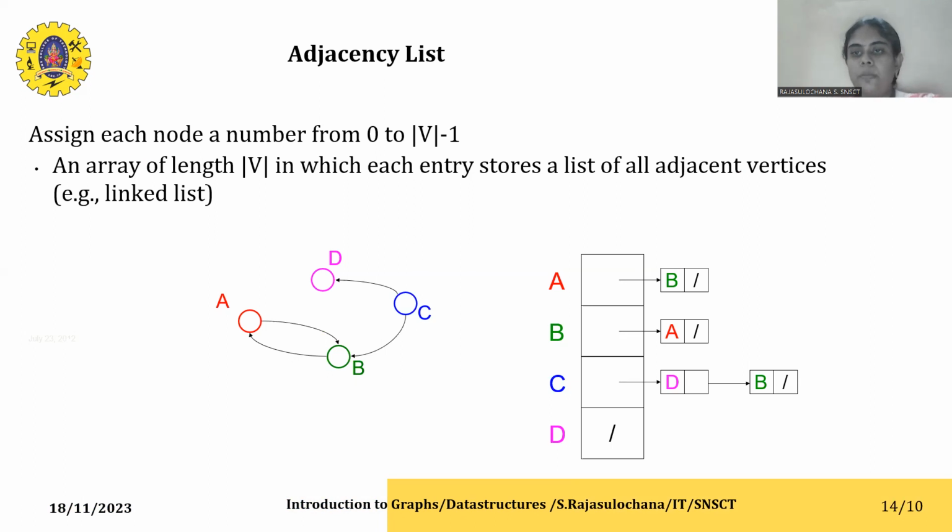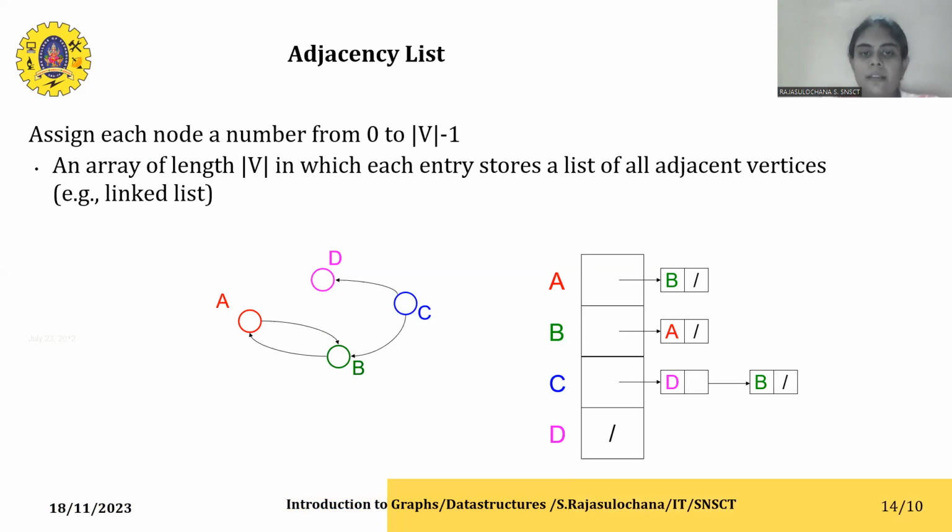So B is marked as a node, and the reference pointer after B would be null. And from B we have an edge to A alone. After that, from B we do not have an edge to any other vertex, so the address pointer is again null.